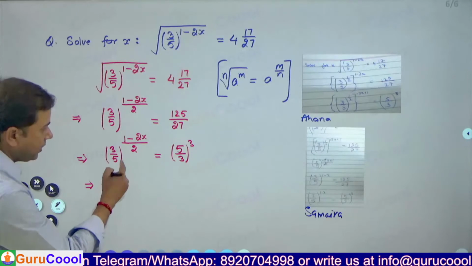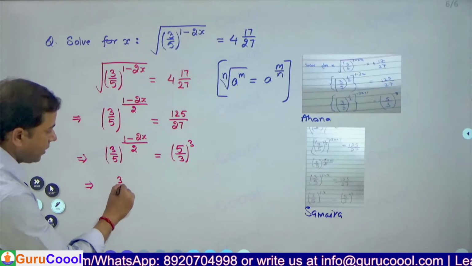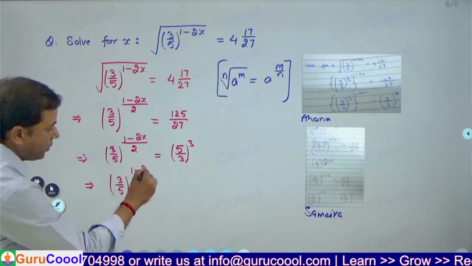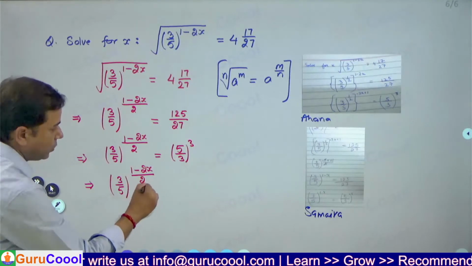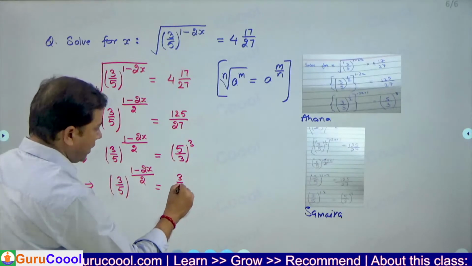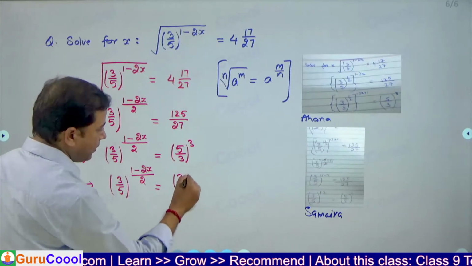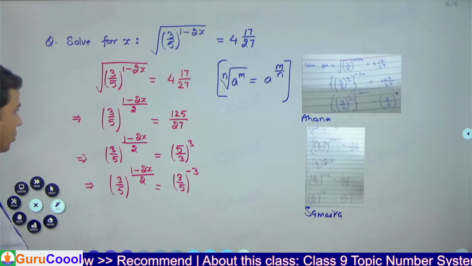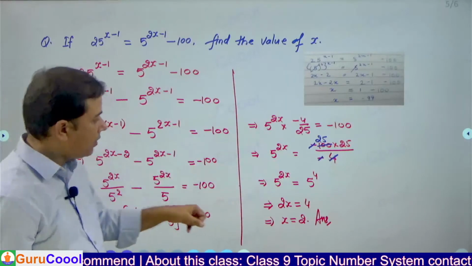So I am keeping the left hand side same, 3 by 5 raised to the power 1 minus 2x divided by 2, and on the right side I am making it reciprocal, it becomes 3 by 5 raised to the power minus 3. Now if we apply the same rule again, which one?